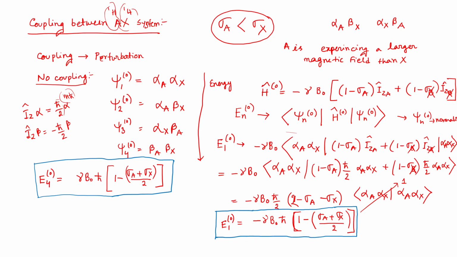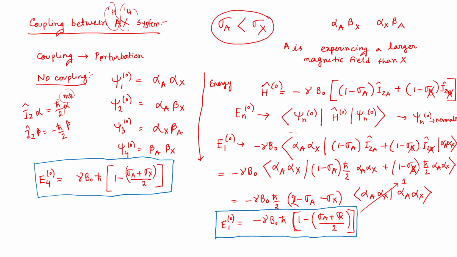Let us recapitulate very fast. Suppose in an AX system, both A and X are protons, but they have non-equivalent electronic environments.